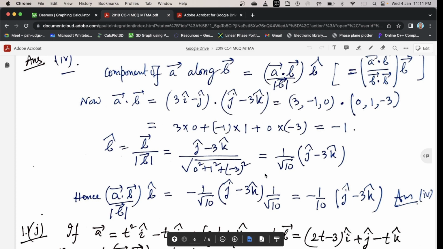So we get minus 1 by 10, (j cap minus 3k cap). The correct option is 4.